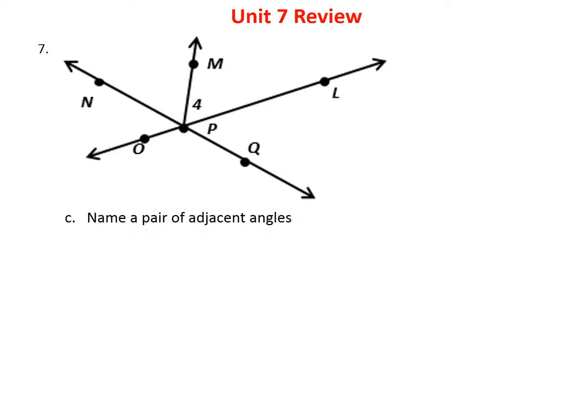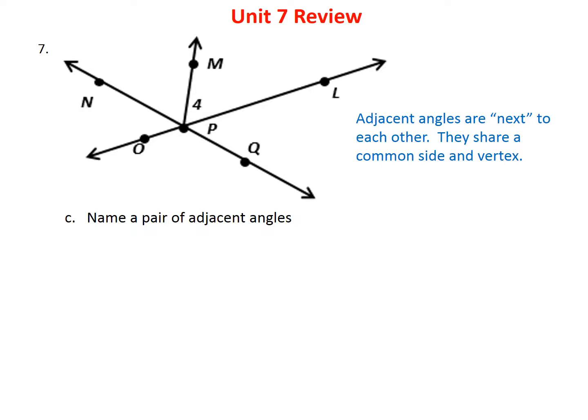Problem 7c asks us to name a pair of adjacent angles. There's a lot of them. We're just talking about angles that are next to each other. In other words, they share a common side and a vertex. And so any 2 angles that are next to each other, for example, these 2 angles here, I have OPN and NPM.